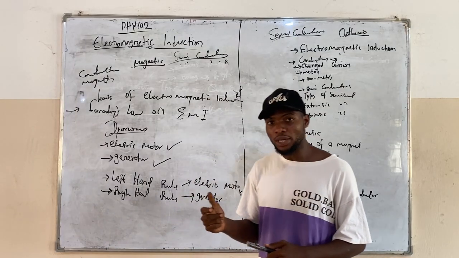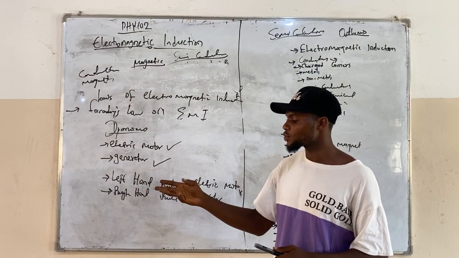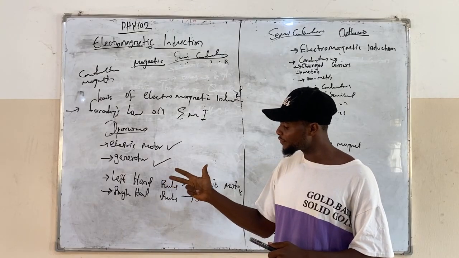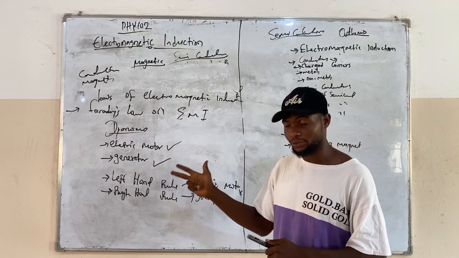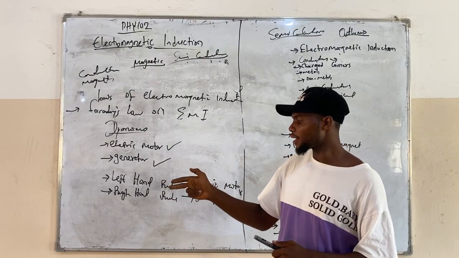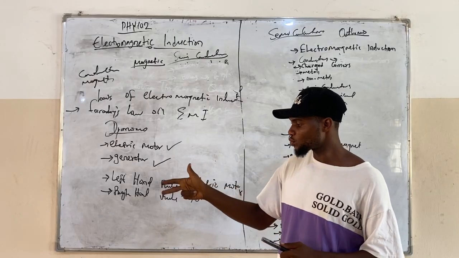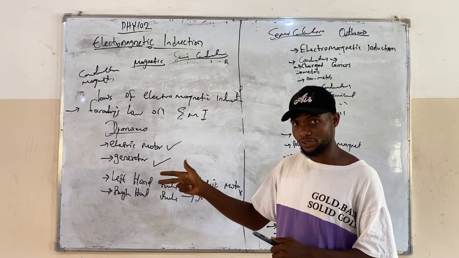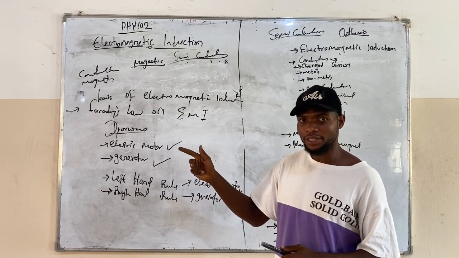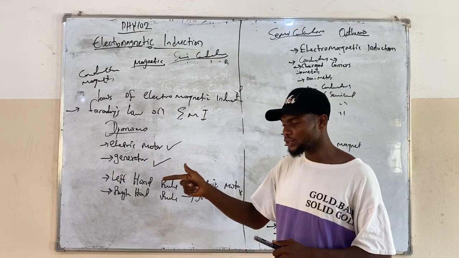The left-hand rule states that when the first two fingers and the thumb are held mutually at right angles to each other, the thumb points to the direction of the motion or force, the index finger points to the direction of the field, and the middle finger points to the direction of the induced current.